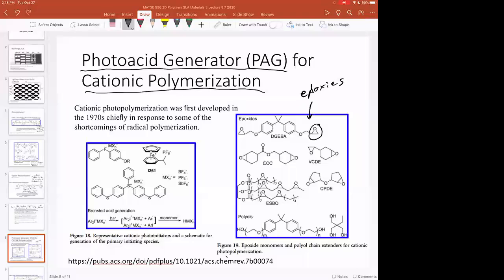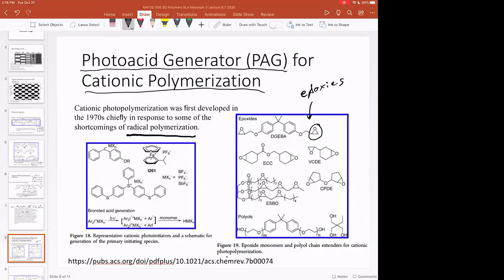Usually they're amine cured epoxies, not this photoacid generator epoxy, but this is a standard polymer chemistry that's used in some of the engineering resins because you get very tough materials. Because in a lot of radical polymerizations, acrylates and methacrylates, you get brittle materials.